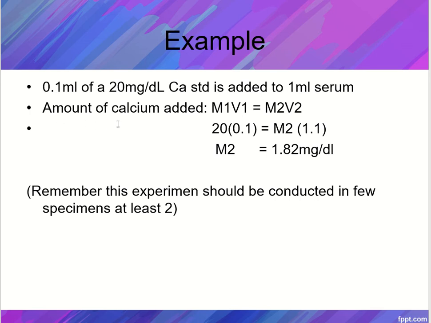So for the amount of calcium added, use this formula: M1V1 equals M2V2. Put in the data that we have, and you get the amount of calcium added, which is 1.82 milligram per deciliter. Remember, this experiment should be conducted on a few specimens, at least 2.